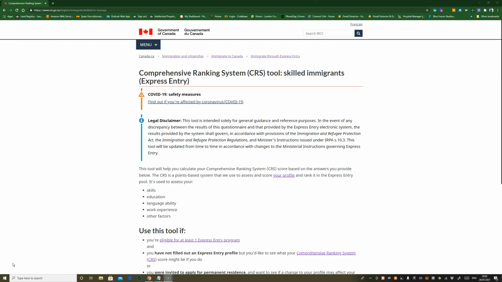Also, your language ability. Canada, they speak two languages, French and English. So if you're fluent in English and if you're fluent in French, you need to show evidence that you can speak and write and understand these languages very well, because obviously when you're working, you're going to be communicating with those two languages. Another aspect is your work experience.